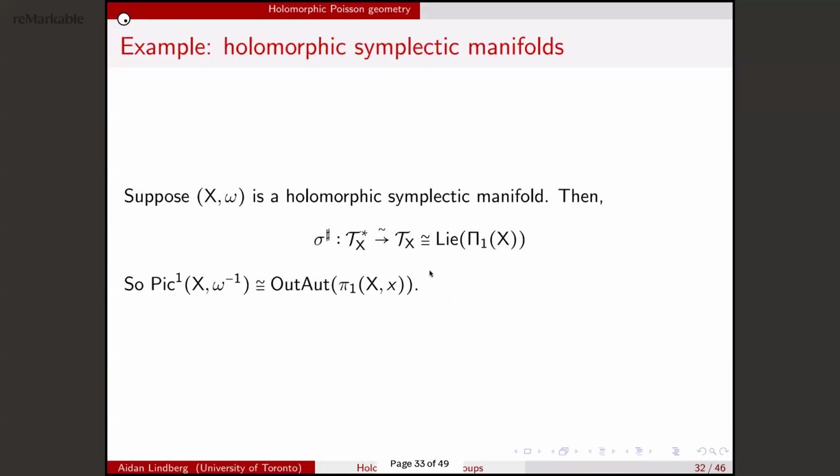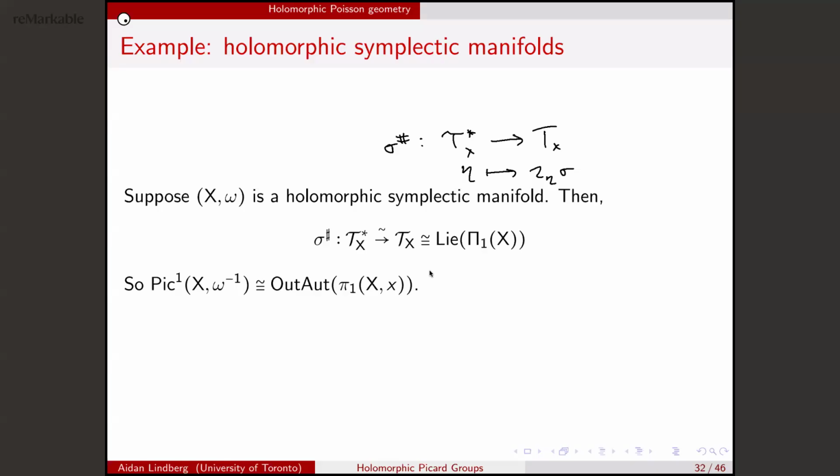Okay, so an example, if you have a holomorphic symplectic manifold, then we have this anchor map for this cotangent Lie algebroid, which took a 1-form and just contracted the 1-form into the bivector. Would you say holomorphic would be complex? Yeah, like complex analytic. Yeah, so they all look like C^n locally, and the transition maps are analytic.